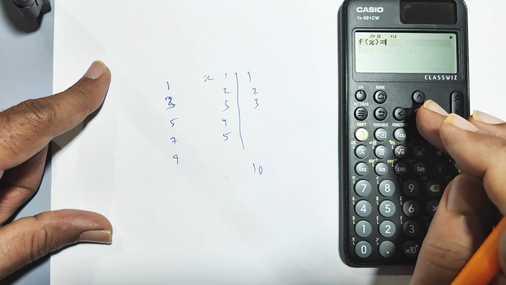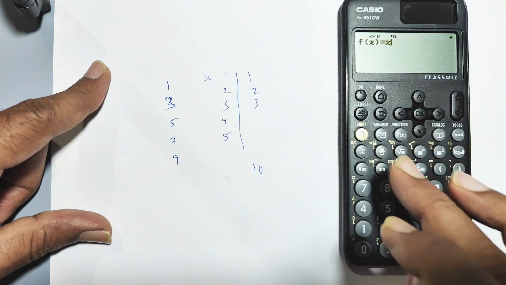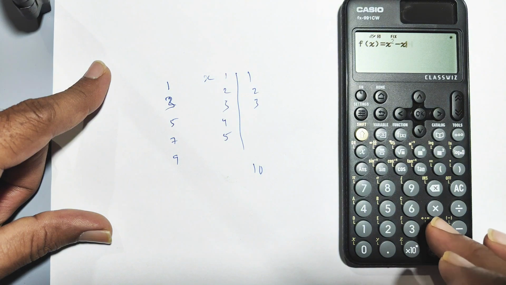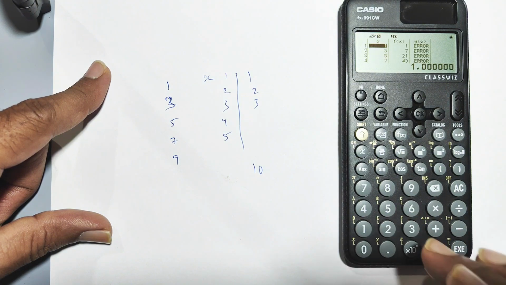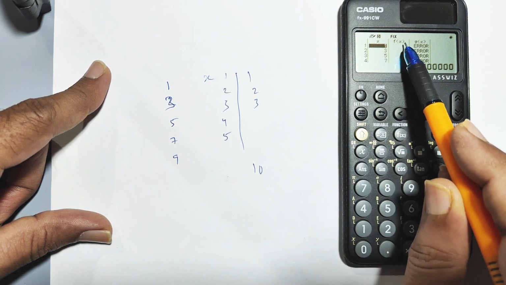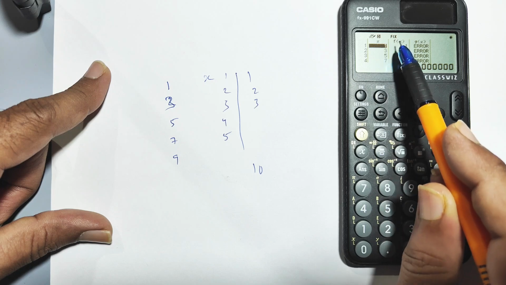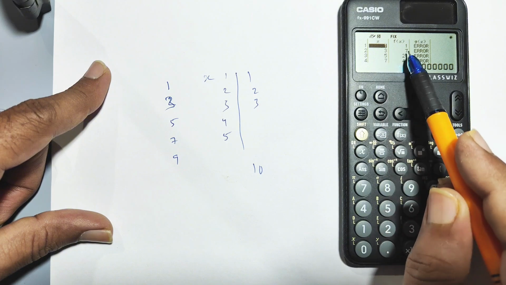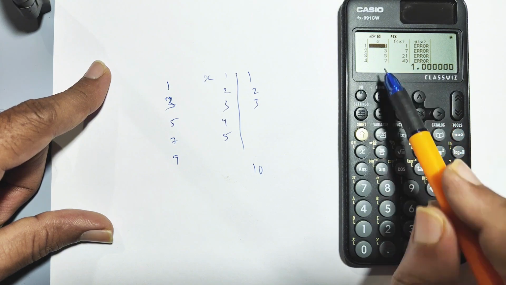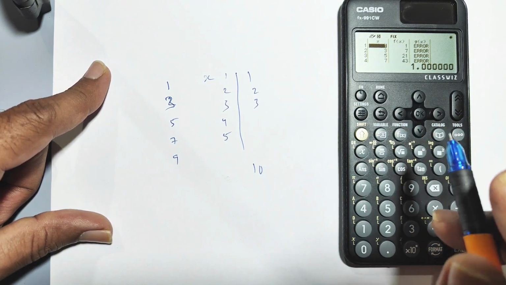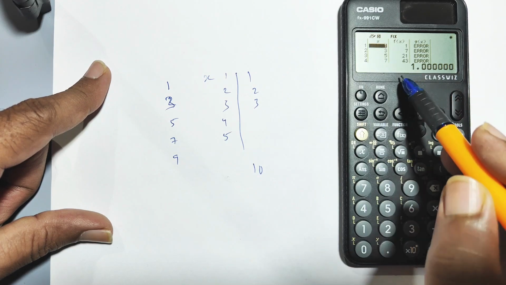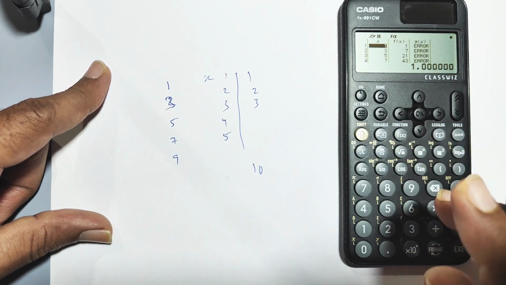If you go into define fx, you can define x square minus x plus 1. Execute. Execute means what happened? x is the input to the function fx. x square minus x plus 1: 1 square minus 1 plus 1, 3 square minus 3 plus 1, 5 square minus 5 plus 1. Like that it is calculated. All these x values are given as input to fx and the values are calculated and displayed.